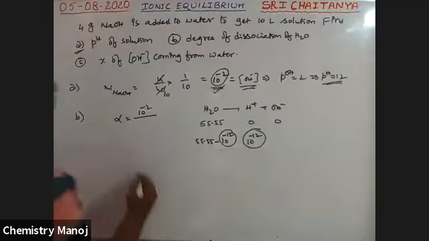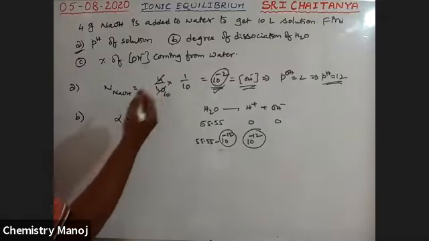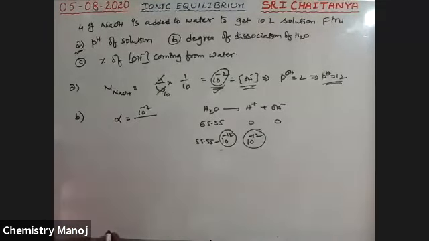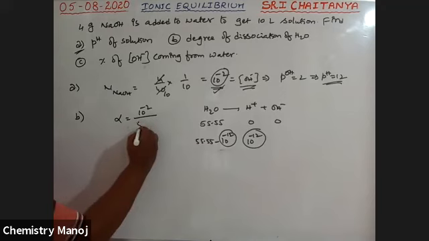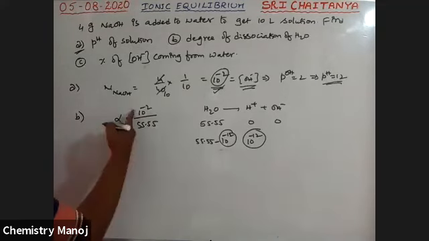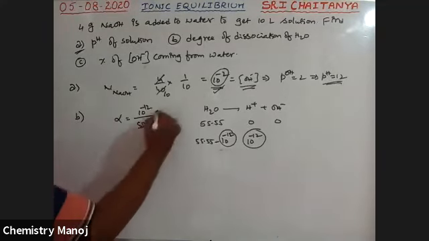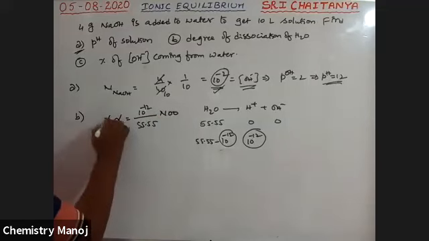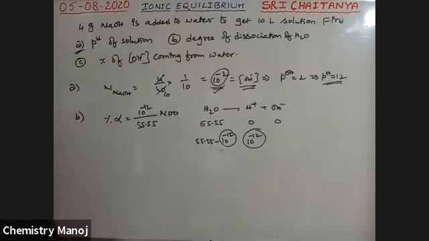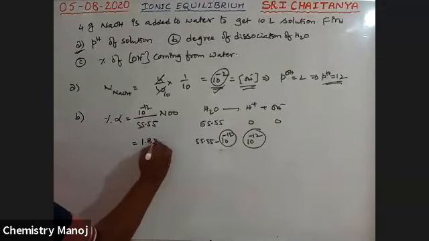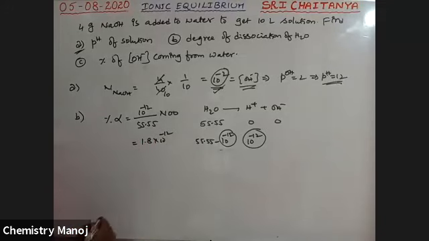Therefore, the percentage degree of dissociation is: among 55.5, 10 power minus 12 is coming out, into 100 is percentage alpha. Finally, we will get the answer. How much is 1.8 into 10 power minus 12?